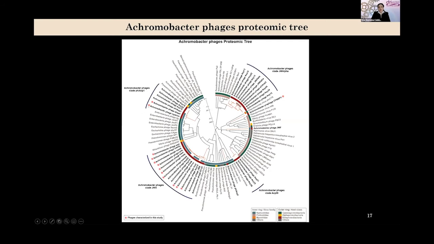So here we have a phylogenetic tree, which is telling us about the relationships between each phage. Here with pink dots, we have the bacteriophages that we isolated in our study. But by doing this bioinformatics search, we also discovered there were other Achromobacter phages in the databases, which is great.